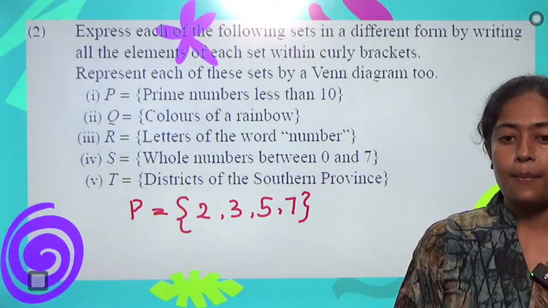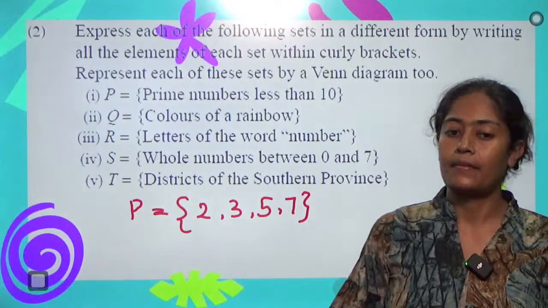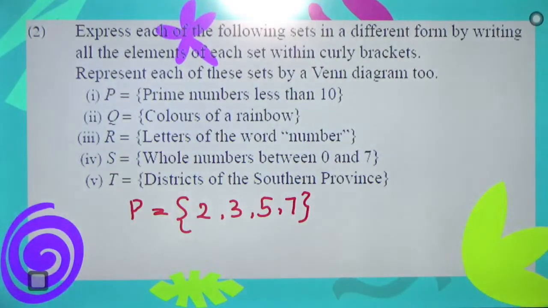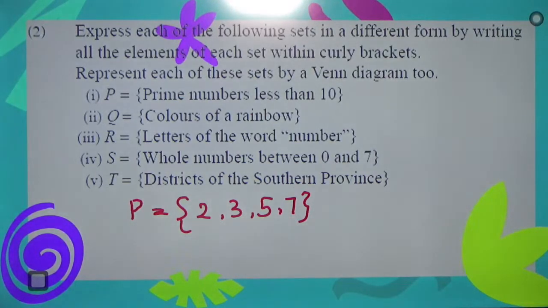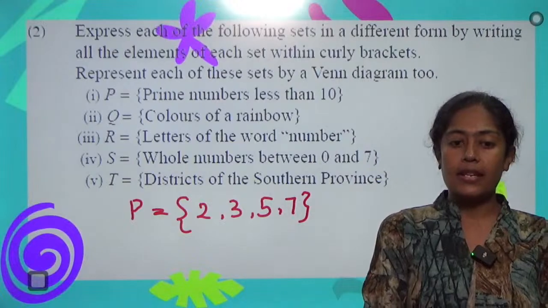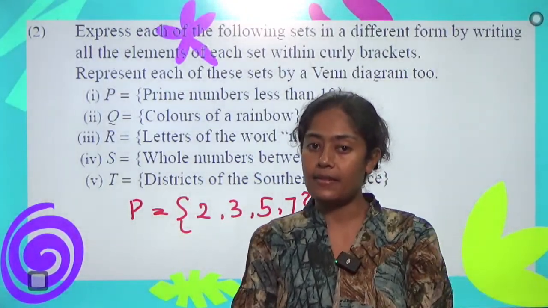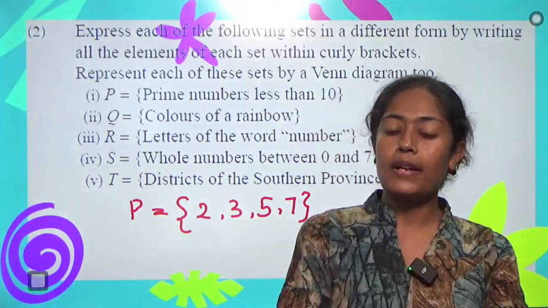Yeah, right. Next one, letters of the word number. N-U-M-B-E-R. Yes. N, comma, U, comma, M, comma, B, comma, E, comma, R within curly brackets you have to write. Then whole numbers between 0 and 7. I think you know what are whole numbers.